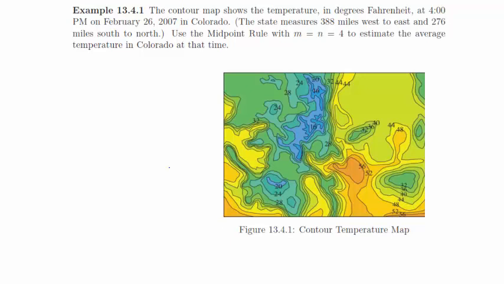So we're going to say that this is my 0. This is at 388. And 276 miles south to north. So we'll say this is the 0 in the y direction. And this is 276 in the y direction. Use the midpoint rule with m equals n equals 4 to estimate the average temperature in Colorado at that time.